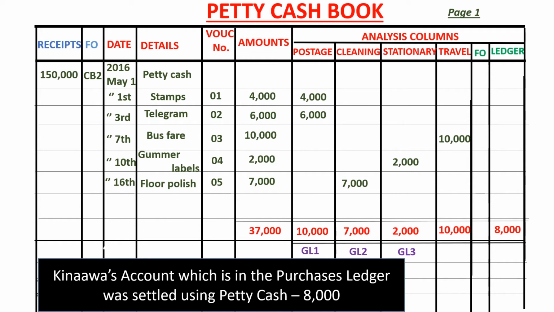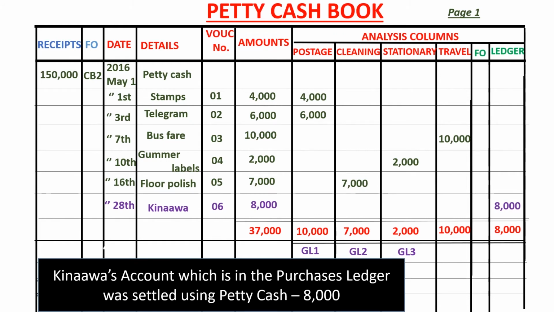Here, we shall go ahead and fill in the details. So we shall say on 28th, the details, we say it's creditor Chinawa, voucher number 6, the amount is 8,000. And since this item is not an expense, but rather an item paid out of petty cash, which needs posting to the ledger that is not the general ledger, we go ahead and post the 8,000 in the ledger column.